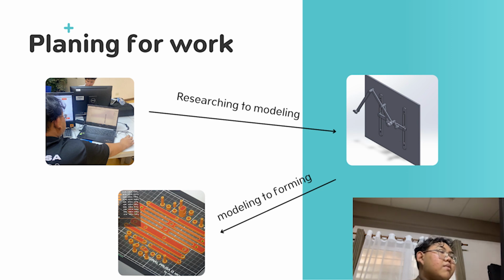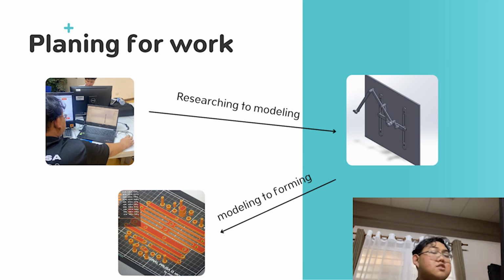Next, we modeled the linkage in SolidWorks, creating a representation of it. We designed it in a way that allows for smooth rotation without any issue. So we developed additional components to support the movement of the linkage.